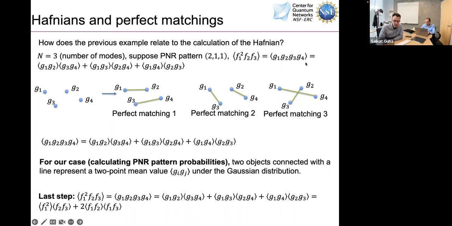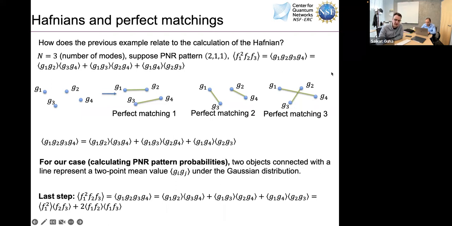And now I take this 4-point mean value and I find all possible perfect matchings. What you see here is an example of Isserlis's theorem on how to break a 4-point mean value into a product of 2-point mean values. This is a product, this is a 2-point mean value, this is another one, this is a product thereof, plus the other option, the other perfect matching. So what I want to say here is that Isserlis's theorem essentially calculates the Hafnian.